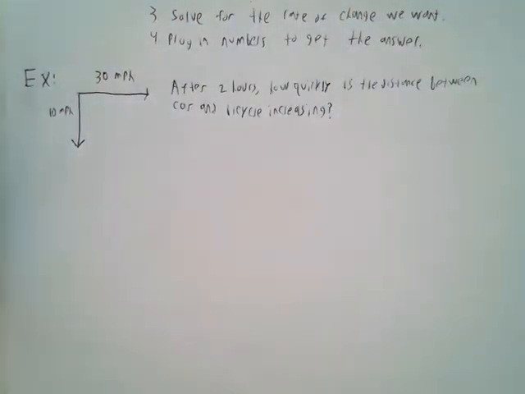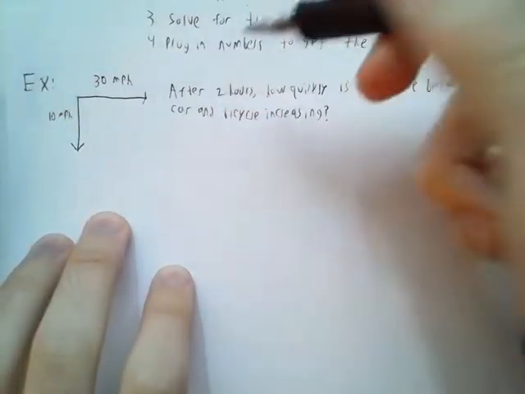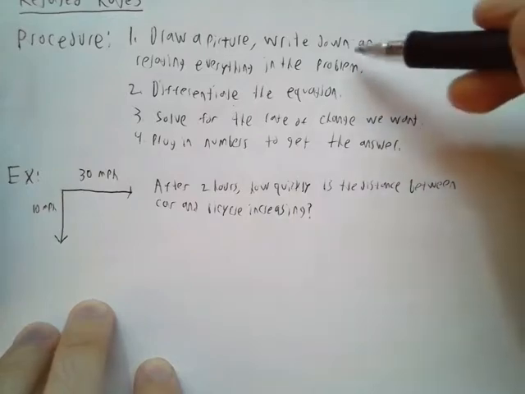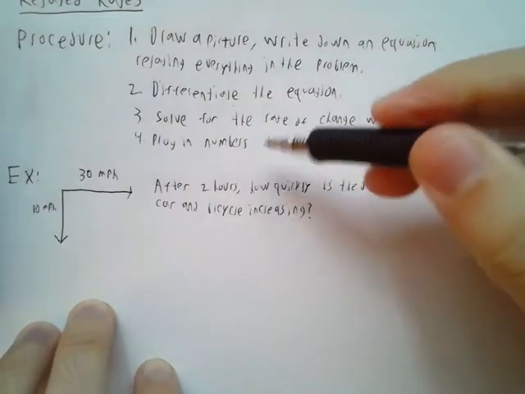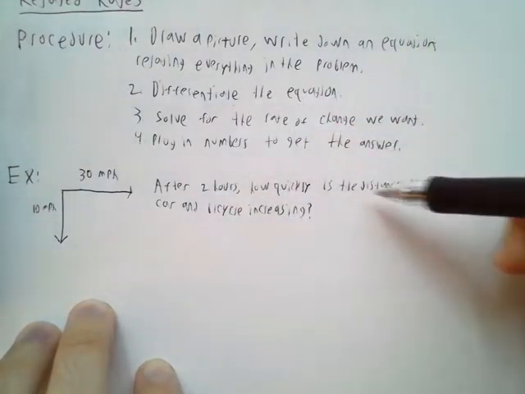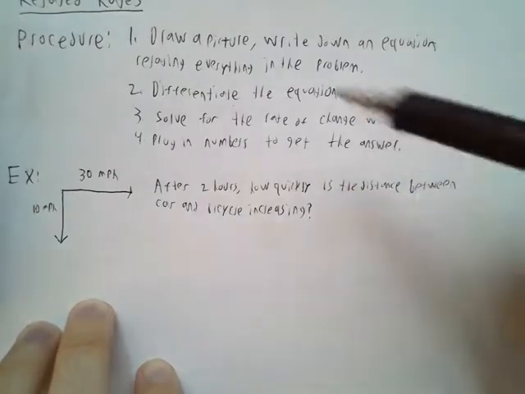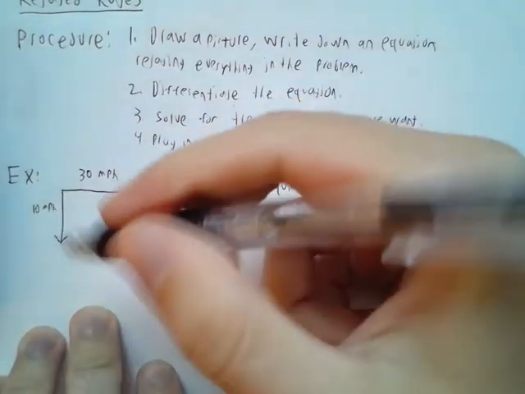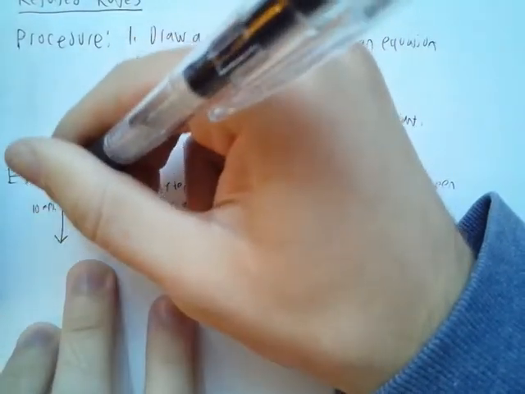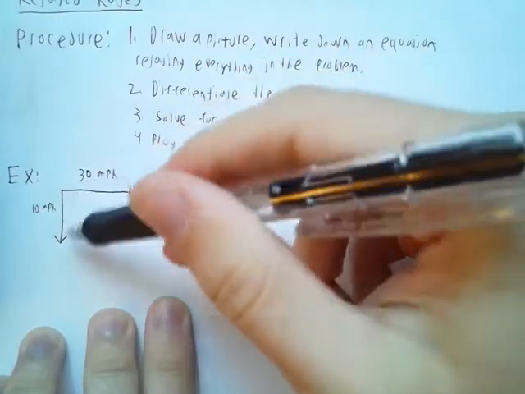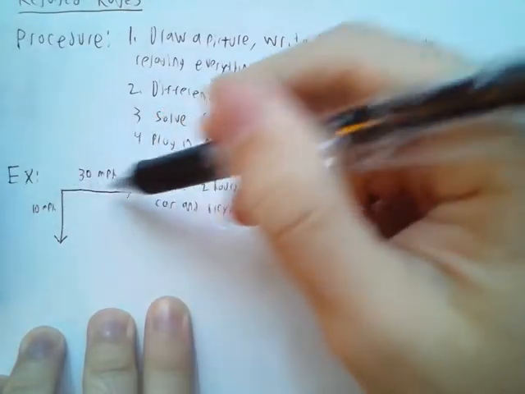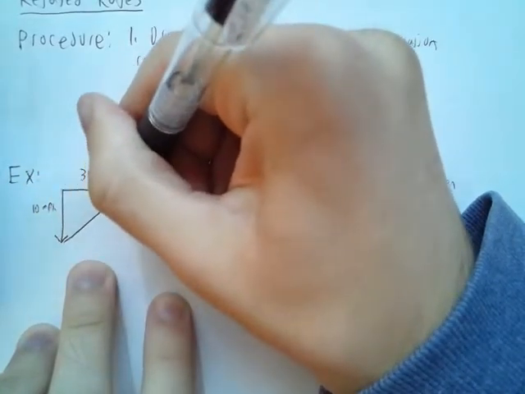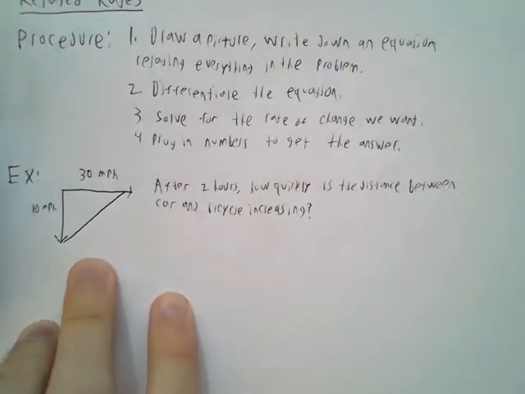So the first thing we need is an equation which relates the different things we have here. In particular, we need an equation that involves the distance between the two objects in terms of maybe some things about their positions. So this is where drawing a picture helps, because we can see that if the bicycle is moving straight south, and the car is moving straight east, then the distance between them will actually be the hypotenuse of a right triangle.